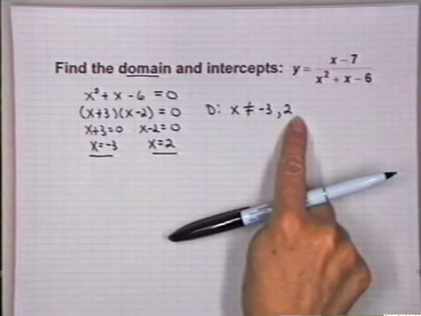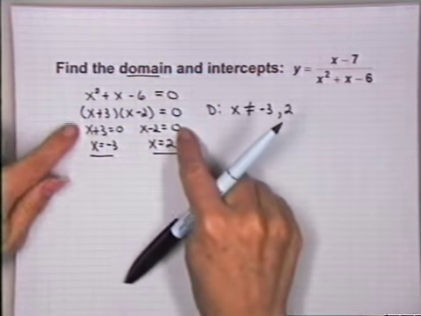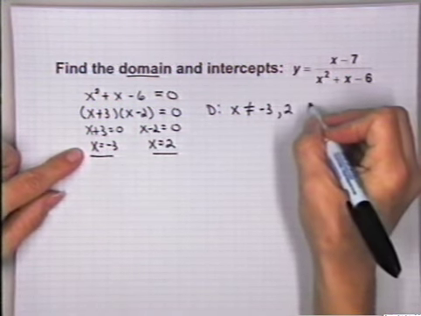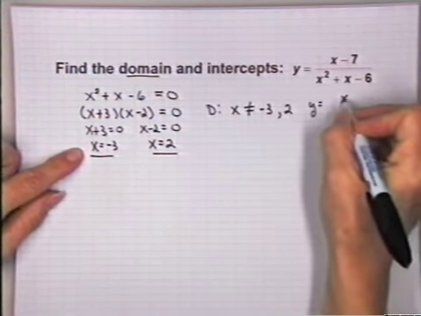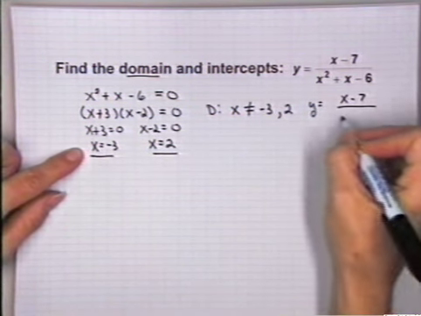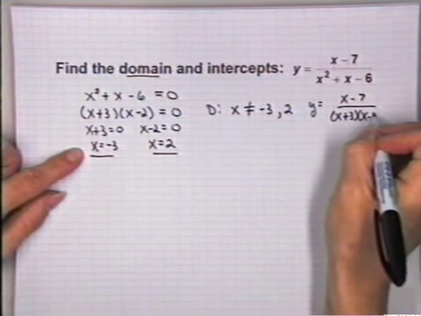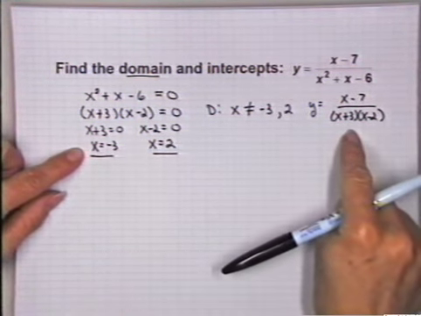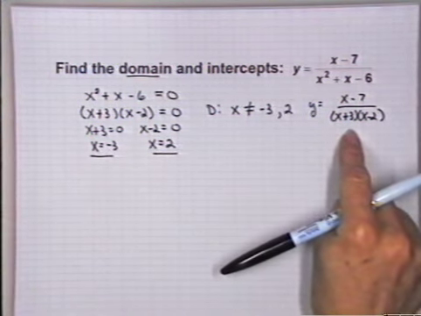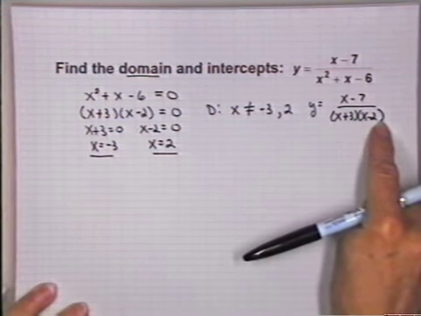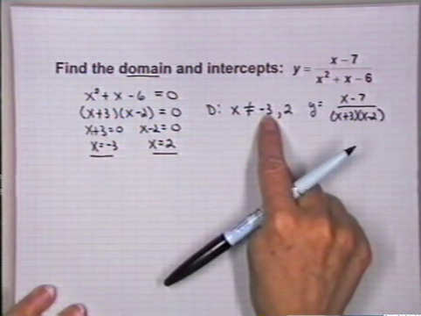Now, a lot of times, rather than writing this over as a separate equation, one thing I like to do is just to take my original function over here and factor the denominator if it's not already factored. And so if I do that over here, then it's easy for me to see that if I let x be -3, I will get a 0 times something, which I cannot do.